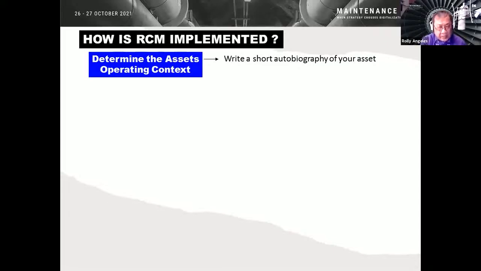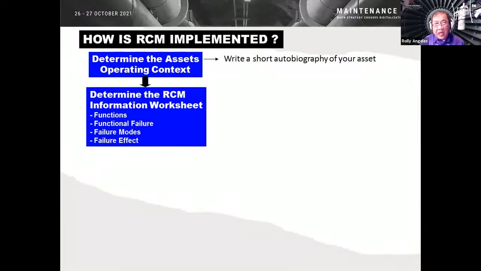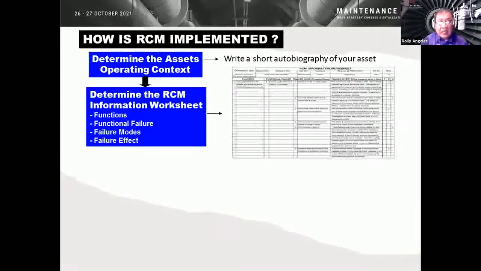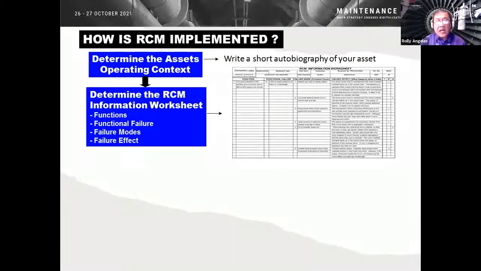Now, this is how we write the operating context, and after that, we perform a very simple FMEA in which we will be deriving the functions, functional failures, failure modes, and the effects of the failure. They will be written in a form called the RCM information worksheet.